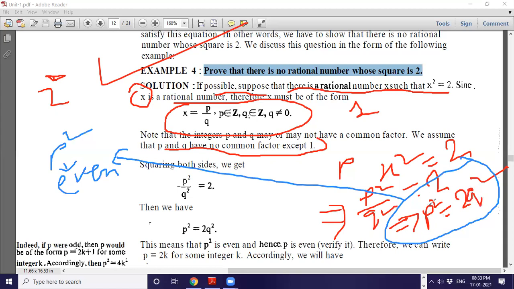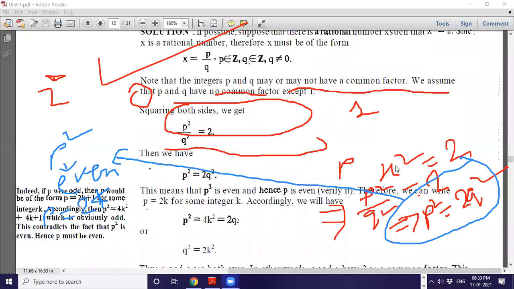Therefore, we can write what? We can write this p as 2 into k for some k. Are you getting me? You can write this because we got it.